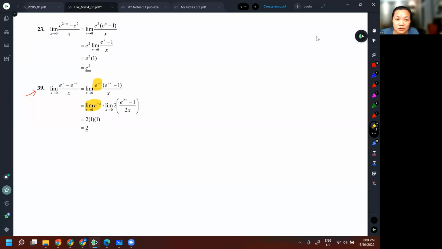I call a good function, meaning this limit at 0, it's continuous. You may not notice that. E to the power -x at x equals to 0 is continuous. You can just do the substitution. So it's recommended to take out e to the power -x. And then you have a special limit here. Moving on.